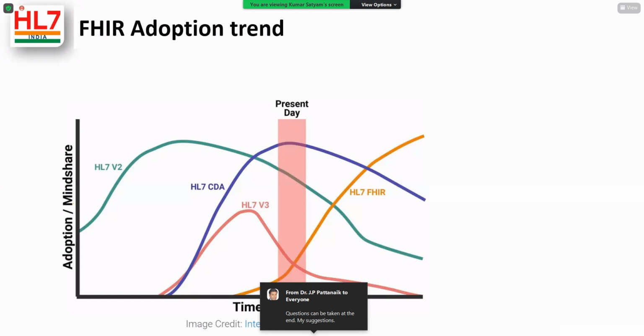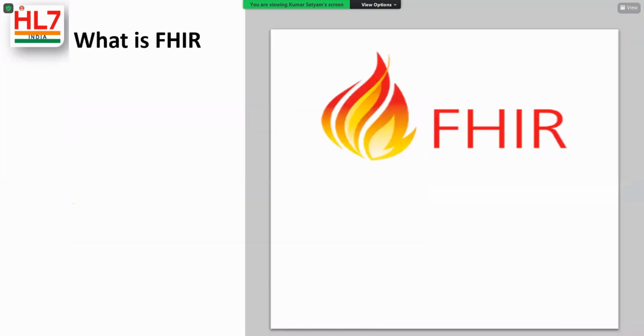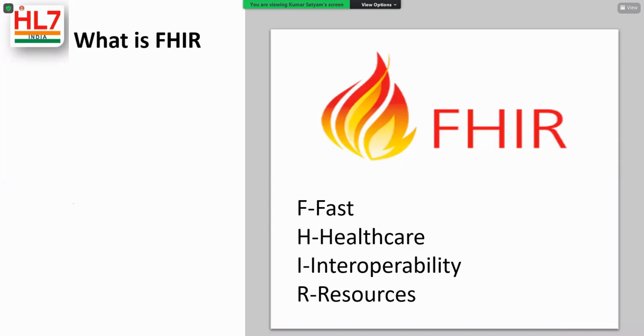So this is the trend, this is the news. So what is FHIR? The first question that comes is, what is FHIR? Most of us have heard of and worked on FHIR. So let's try to define FHIR and see if we understand it. FHIR is an acronym.